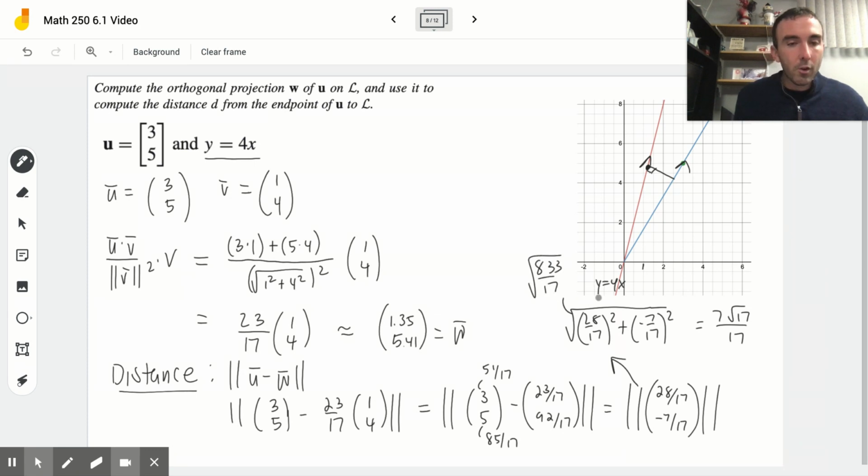So it allows you to simplify it a little bit to a final answer of 7 root 17 over 17. So that'd be the distance between these two, and it's pretty close. Radical 17 is a little bit more than 4, so we have a little bit more than 28/17. So the distance is between 1 and 2, which is what our picture suggests as well. We're starting a little bit more than 1 and going a little over 2. So I think that matches up with the graph's intuition.